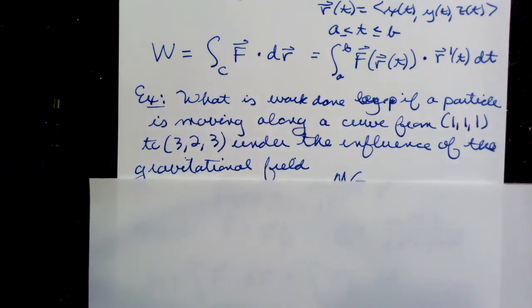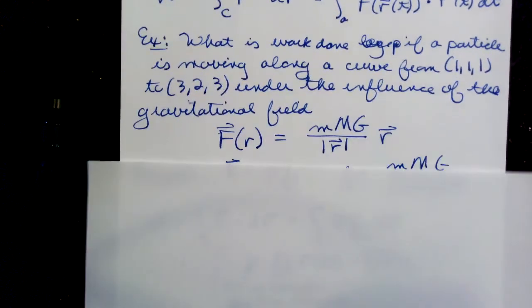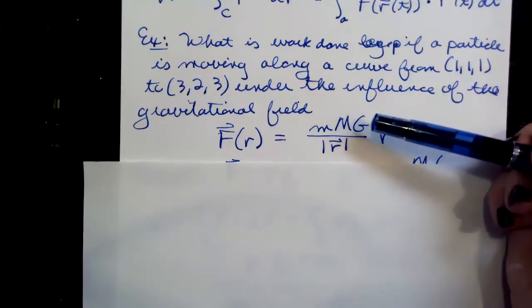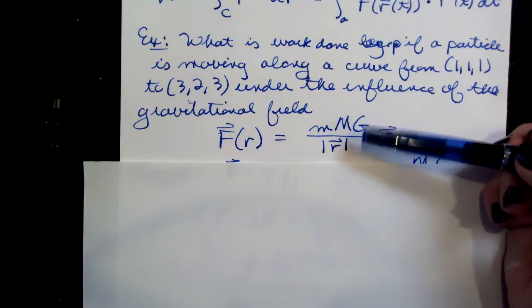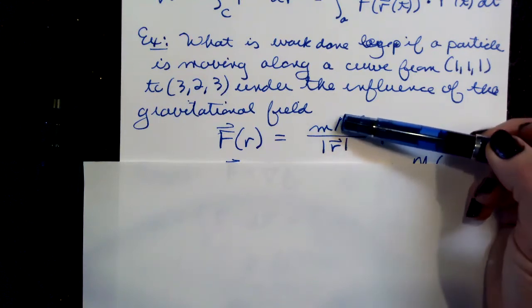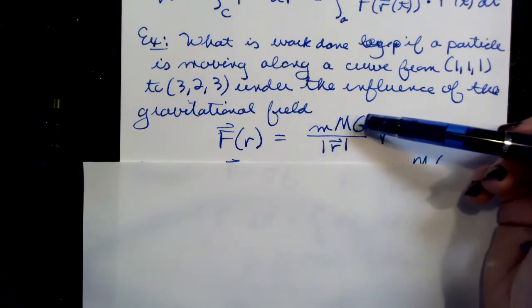Now let's do an example. Suppose we ask the question, what is the work done by a gravitational field when a particle moves along a curve from the point (1,1,1) to the point (3,2,3)? If the bigger particle has mass capital M and the smaller particle, the one that's moving, has mass little m, we're going to put the big particle at the origin of our coordinate system.